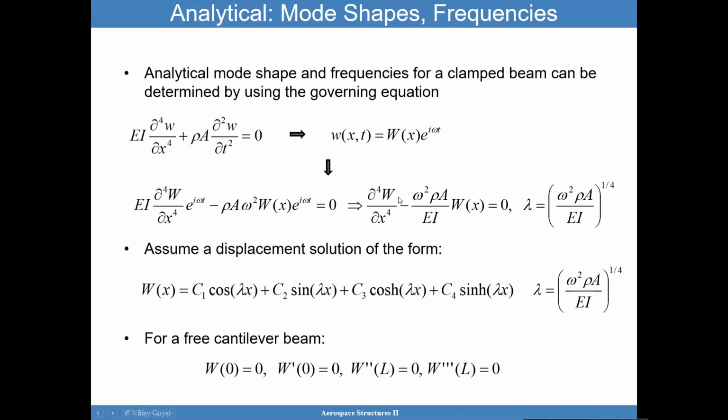So hopefully that's clear to you. I have divided this equation by EI and e^{iωt}, so you get this simpler differential equation. If I call this term right here lambda, equal to this to the 1/4, we can assume a displacement solution of this form.